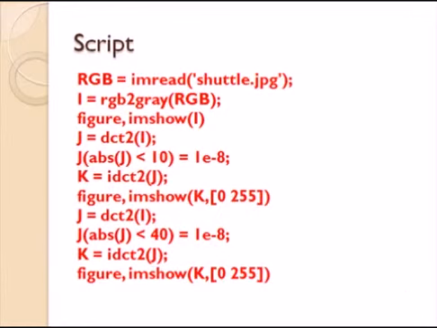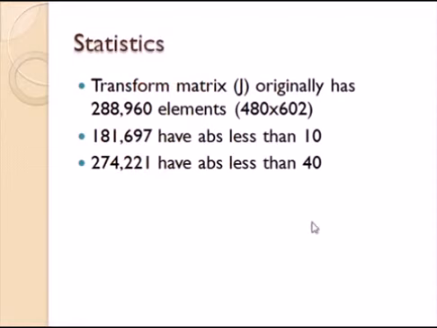So let's take a look at the results. First of all, just some numbers. The picture is 480 by 602, so it has 288,960 pixels in it. Roughly 180,000 of the frequencies have an absolute value less than 10.